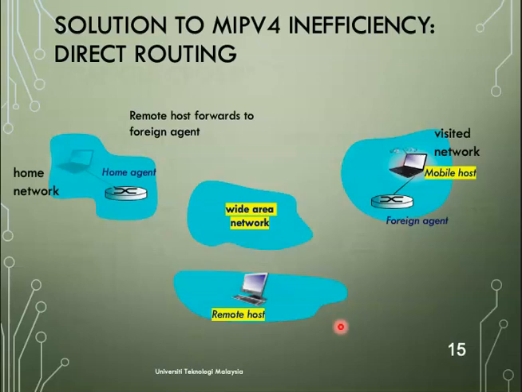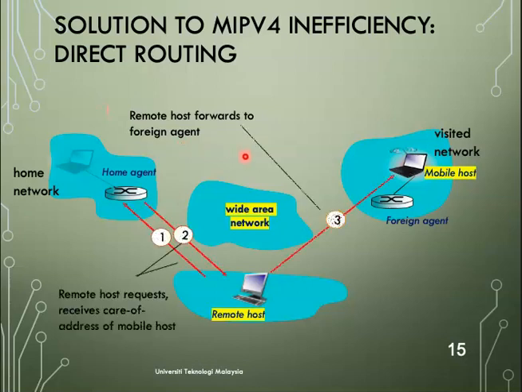One of the solutions to mobile IPv4 inefficiency is using direct routing. For direct routing, the remote host will bind the care of address to the home address. So when the home agent receives the first packet for the mobile host, it will forward the packet to the foreign agent for the first time, and then it will send the update binding packet to the remote host.